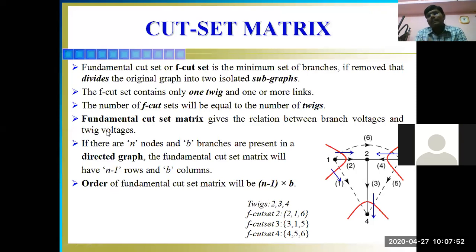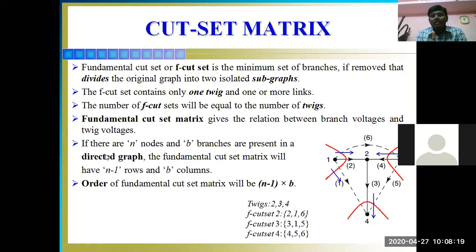Earlier the tie-sets related to links. Now the cut set relates to twigs. The fundamental cut set must consist of only one twig and one or more links. So the number of cut sets is equal to the number of twigs.